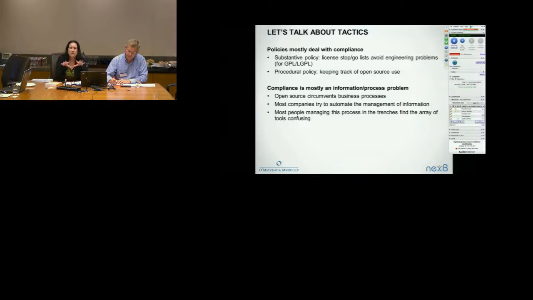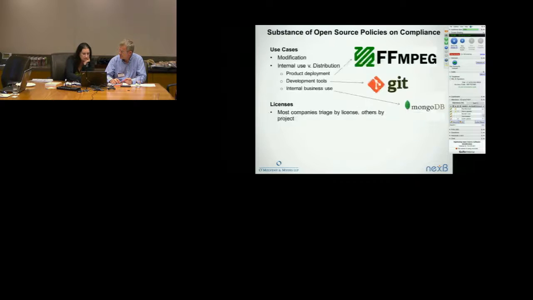Also, once you've gathered the information, you need to apply that information to the policy that the company has put in place about open source. And the substance of that policy mostly has to do with figuring out what open source you can use based on different licenses.